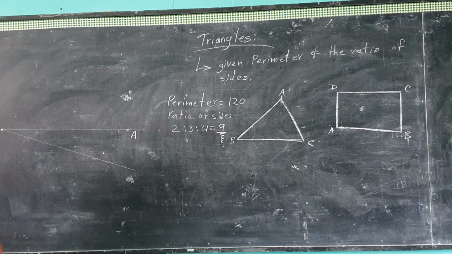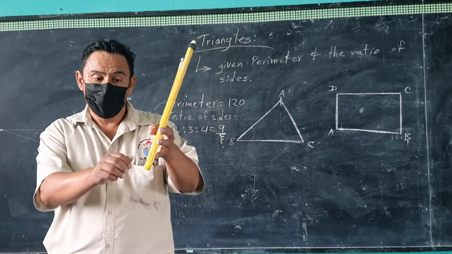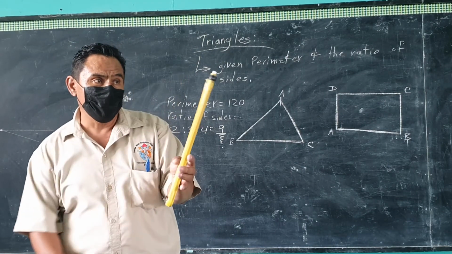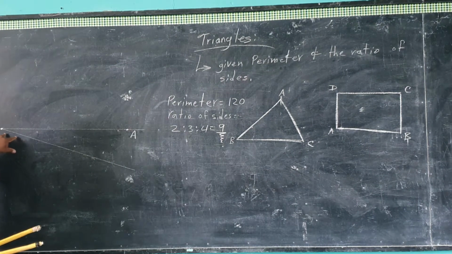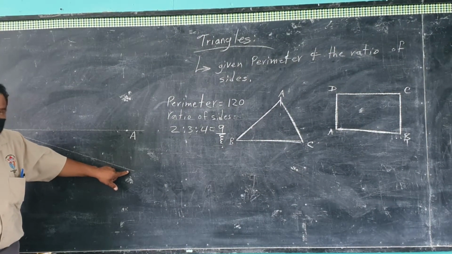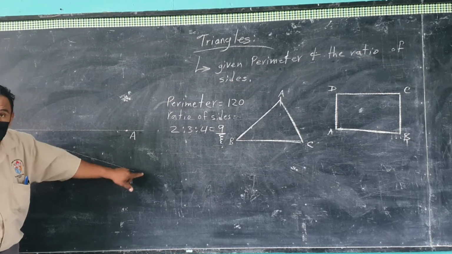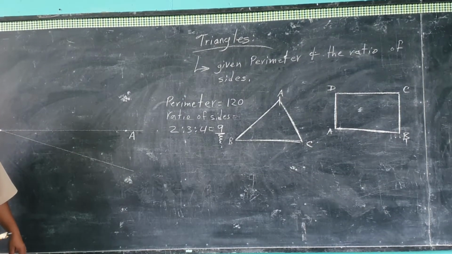By trial and error, I will set my compass in a way that I can get 9 equal divisions, and for my 9th point to come somewhere around here. Do you all understand? My 9th point.